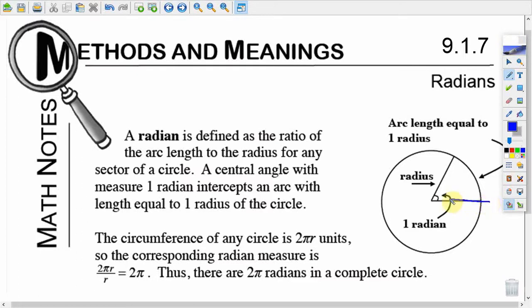And we can sort of tackle this as a unit conversion problem. So we know over here in degrees, 0 degrees is 0 radians. I'm going to put degrees on the inside and radians on the outside.